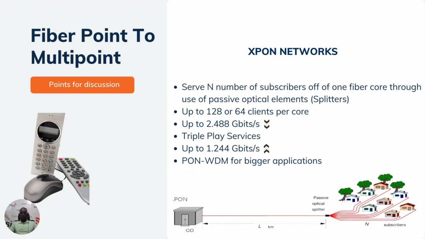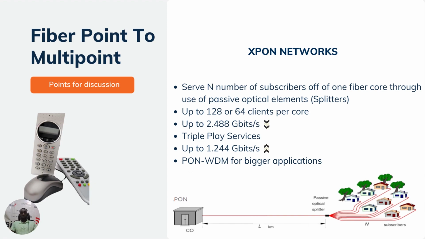Now, pivoting a little bit. We've seen how someone can set up a simple point-to-point link, but in our future sessions, we will be looking at more complicated setups that fiber networks can offer.